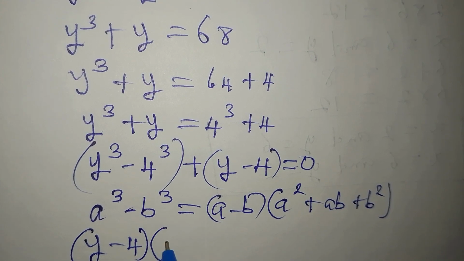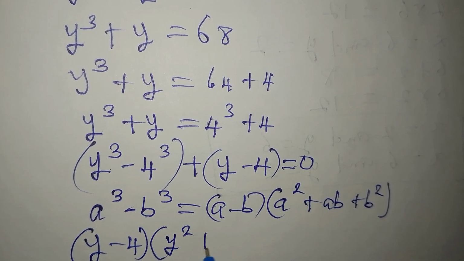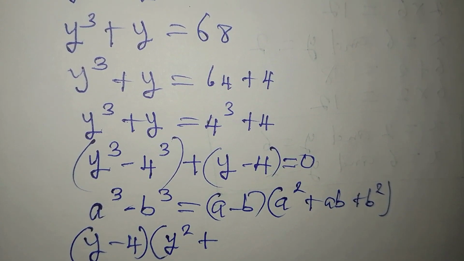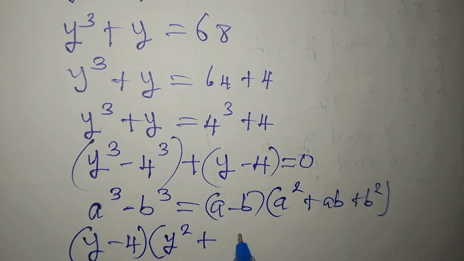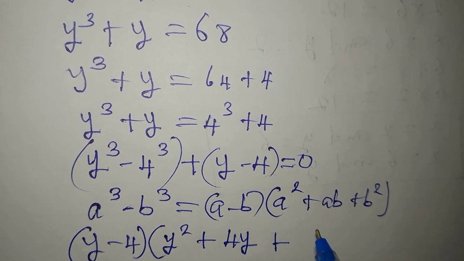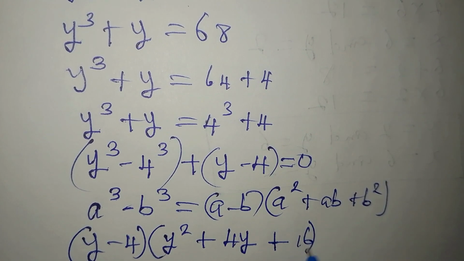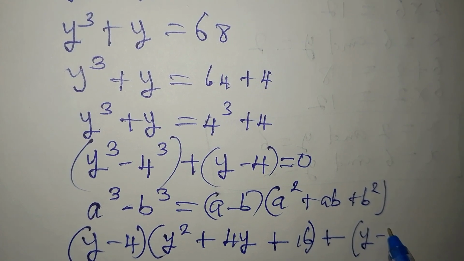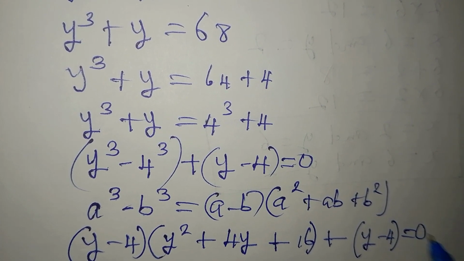Then a squared, that is y squared, plus ab, that will be y times 4, and it's 4y. Then plus b squared, which will be 4 squared, and it is 16. Close that. Then plus, open bracket, y minus 4. Everything is equal to 0.